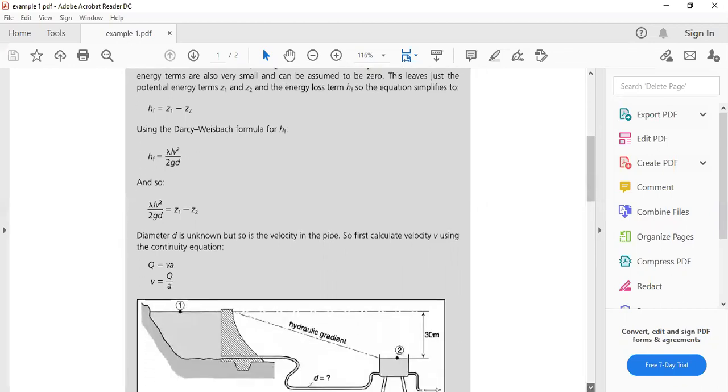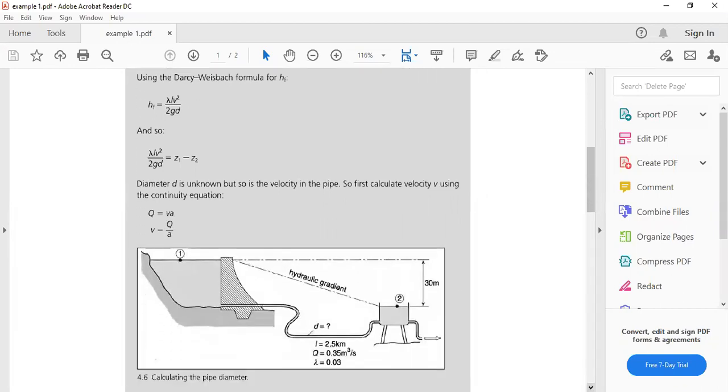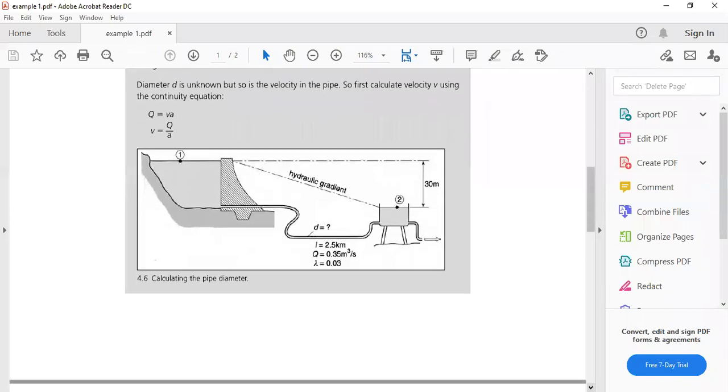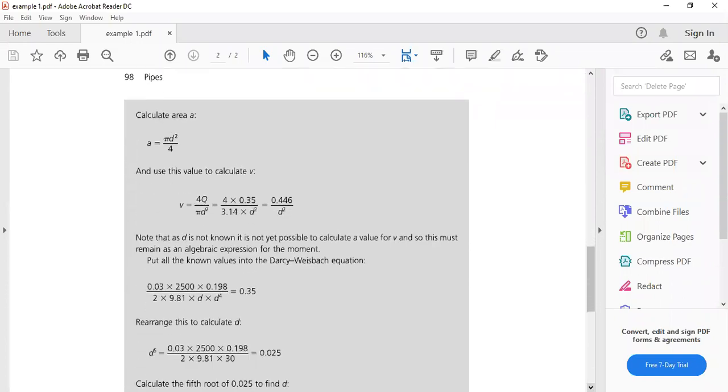The velocity we can determine using the formula for discharge. We know that discharge is equal to the velocity times the area. And for the area, we said area will be equal to d squared over 4.